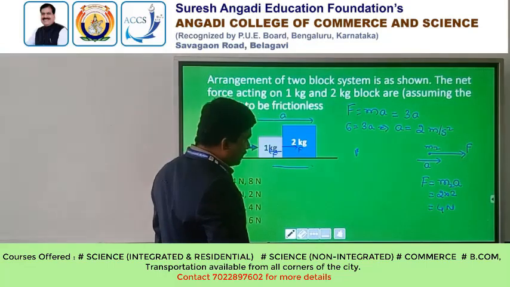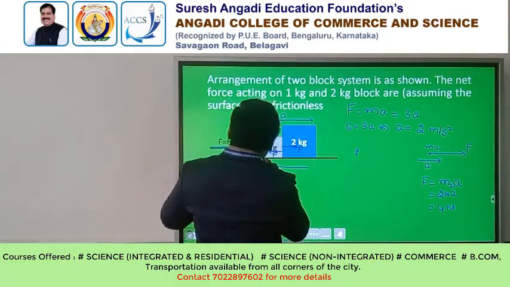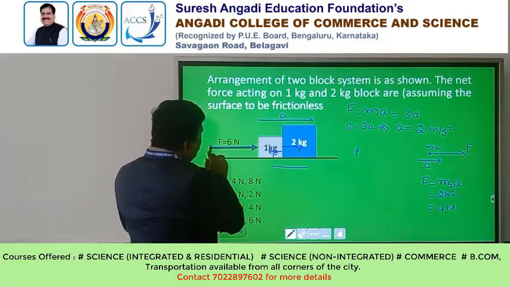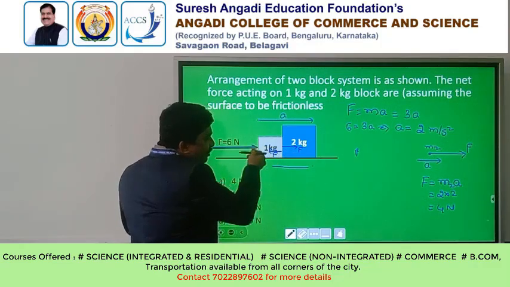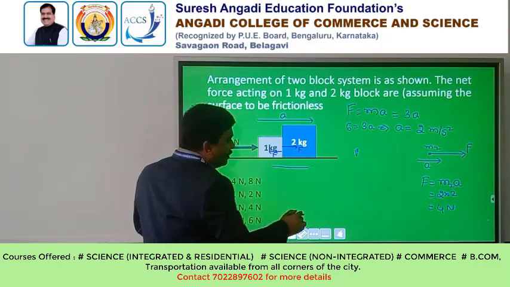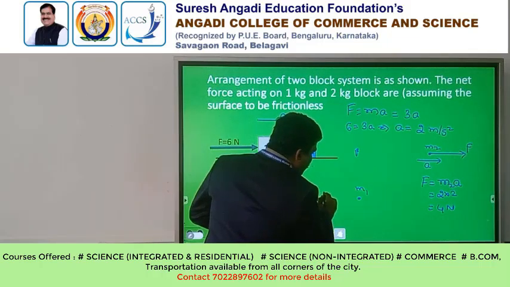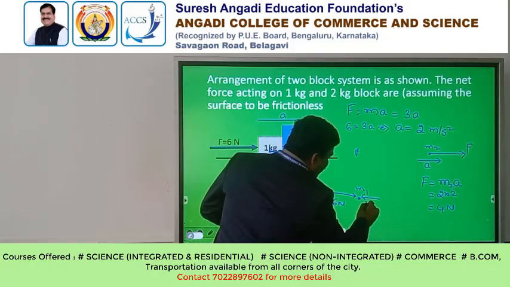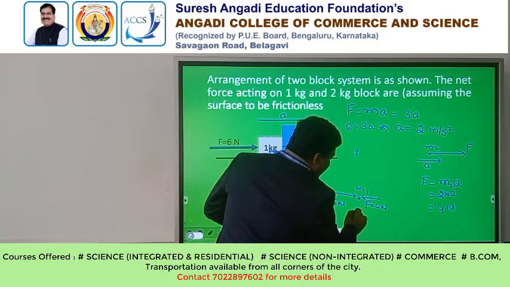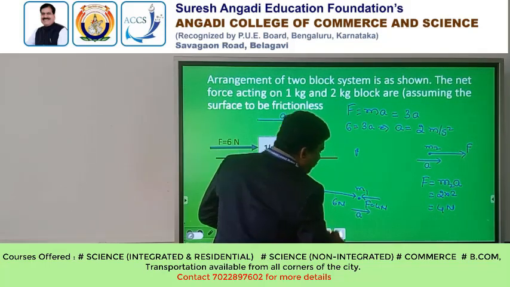So here 4 Newton is there. We need to find out the net force on 1 kg also. 6 Newton in this direction, F in the opposite direction, that is 4 Newton. So for the net force on the first mass m1, in this direction there is 6 Newton and in the opposite direction 4 Newton. Net acceleration will be in this direction with a.